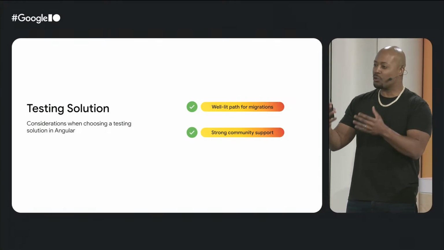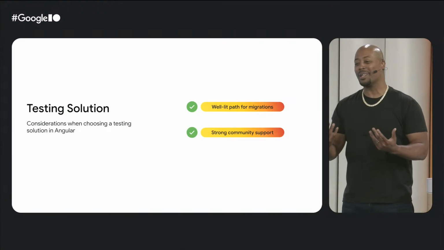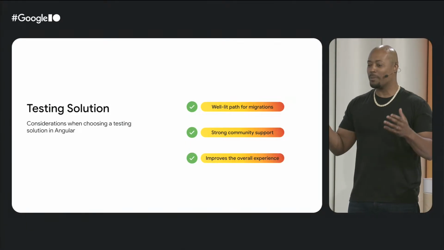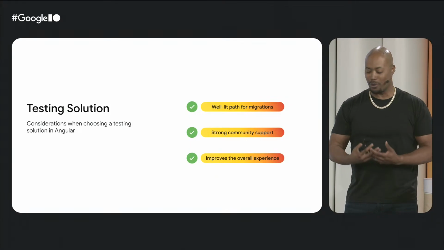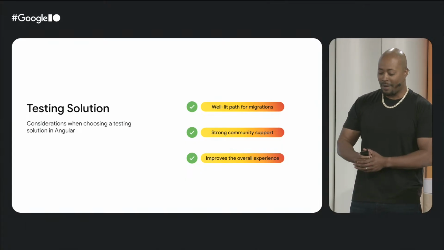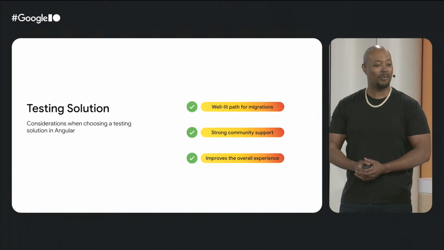But we had to choose a tool that has strong community support so that we will have confidence that it'll be a long-lasting solution. And finally, it has to improve the overall developer experience. There are so many options to consider. But if it doesn't increase the overall developer experience, then it's just not going to fit for our wonderful community.